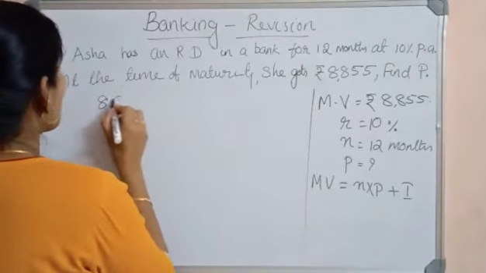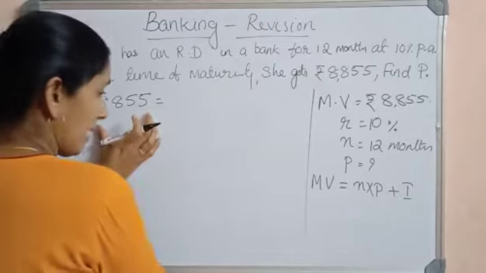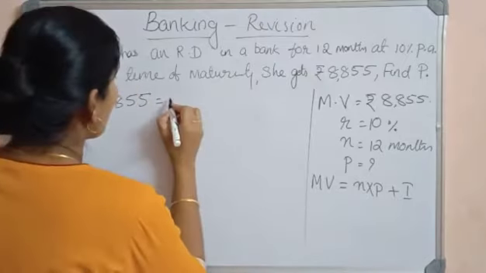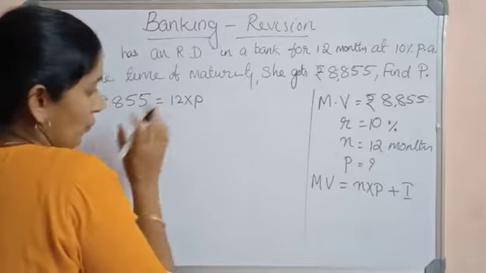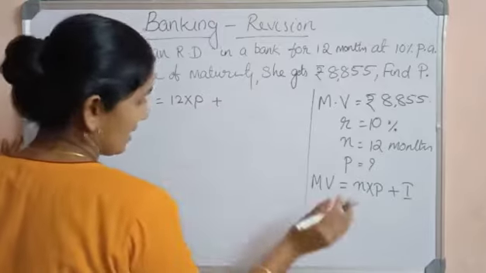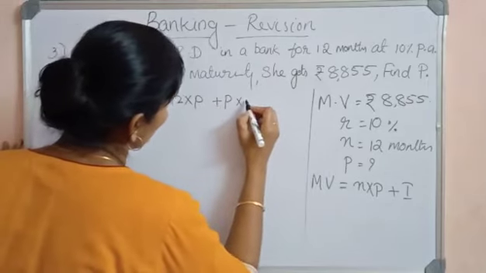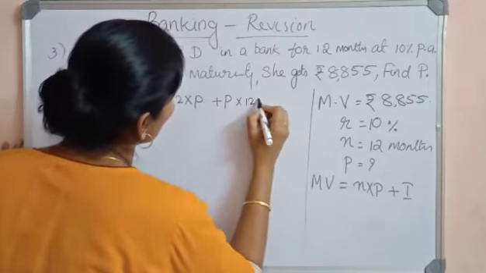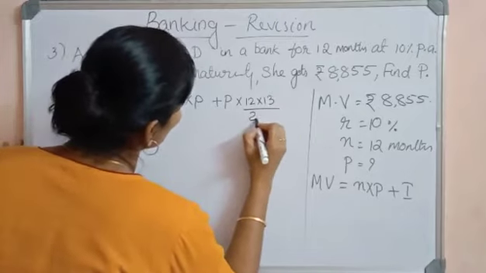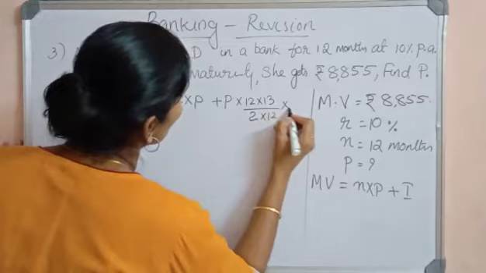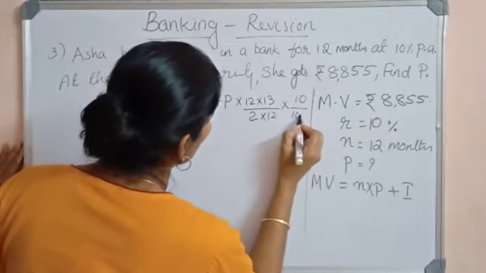So 8,855 is equal to, that's the maturity value, N into P. N is 12 months into P, the monthly installment that we need to find, plus I is P into N into N plus 1, 13, divided by 2 into 12 into R by 100. R is 10 by 100.